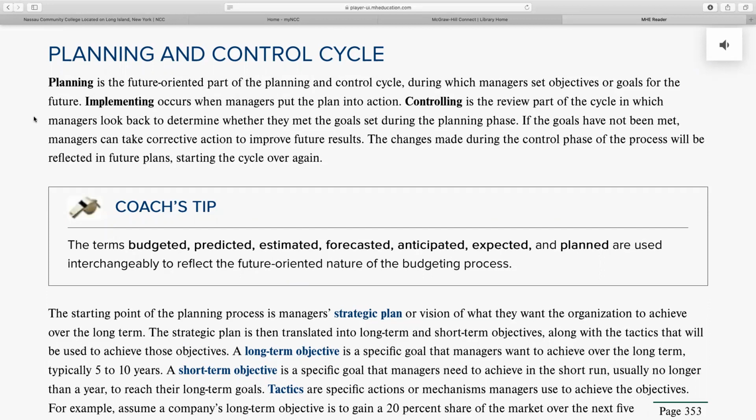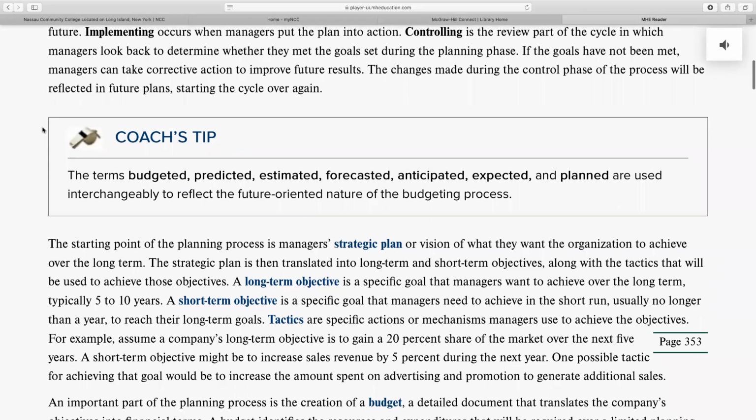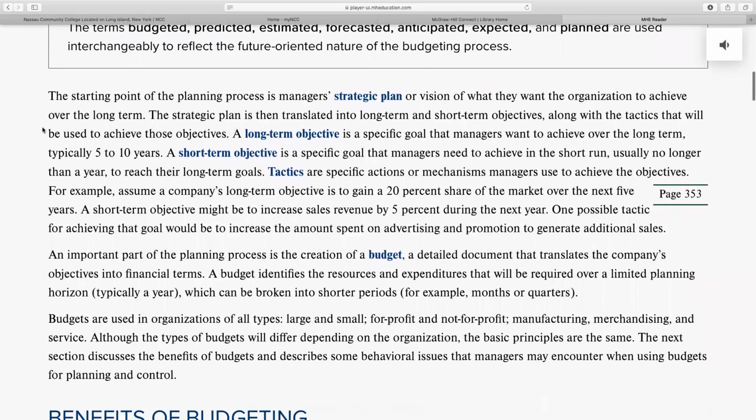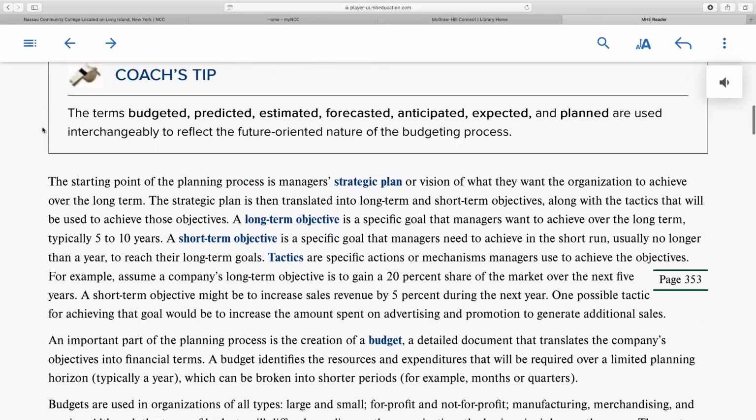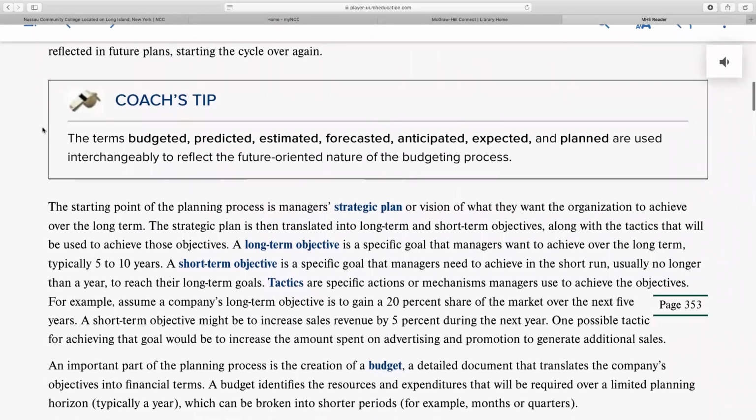That's called implementing. And then controlling means we need to go back and constantly review the results to make sure that we're going to meet the goals, and we may have to make some adjustments to the plan. So how does this all relate to budgeting? Is that the budget is the plan expressed in financial terms.